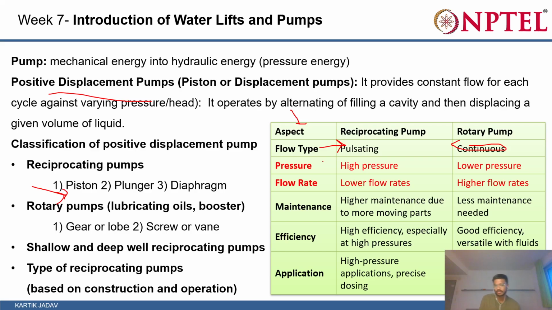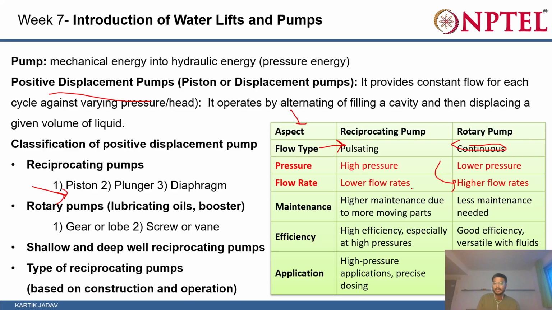So this is also a major difference. The reciprocating pump uses high pressure but delivers low flow, while the rotary pump uses low pressure but delivers high flow rates.